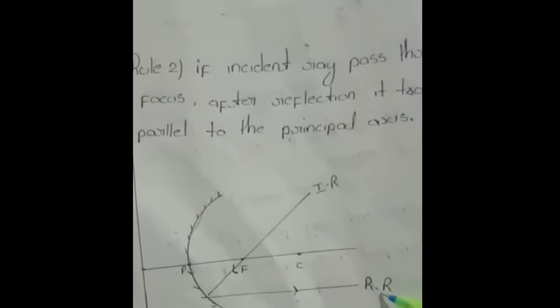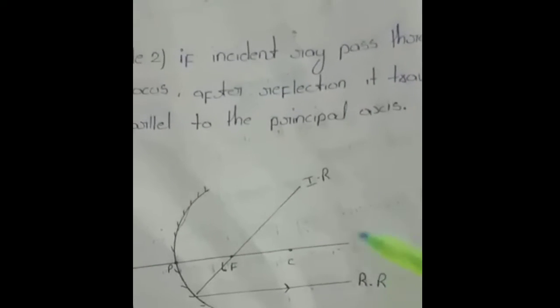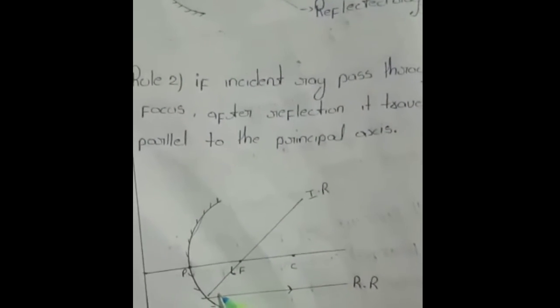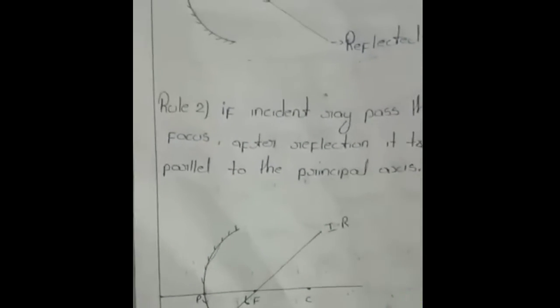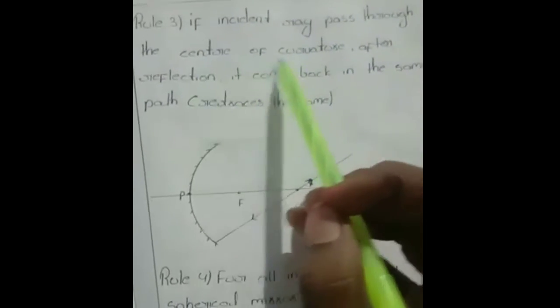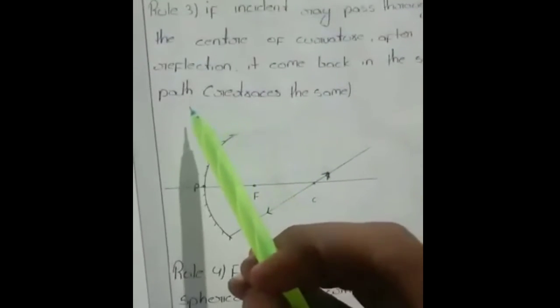RR means reflected ray. Okay now friends, if the incident ray passes through the focus, after reflection it travels parallel to the principal axis. We have discussed two rules. The third rule: if the incident ray passes through the center of curvature, after reflection it comes back along the same path.